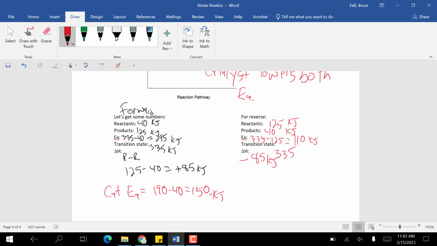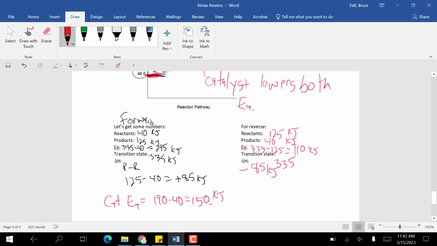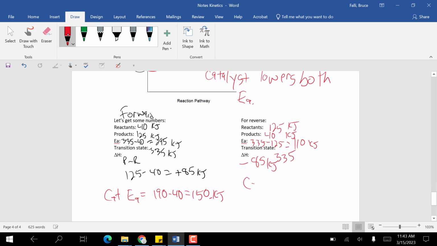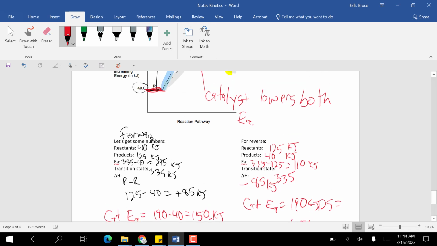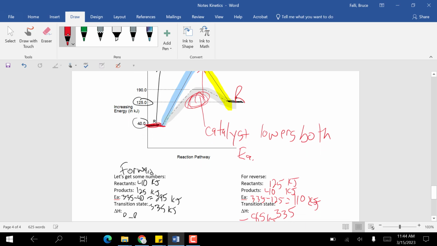And the catalyzed reverse reaction would be 190 minus 125, which is 65. So notice how that changes this number right here.